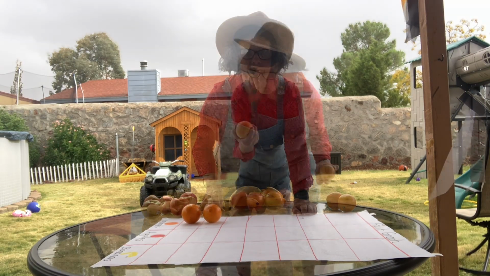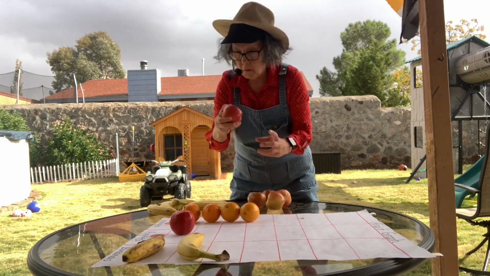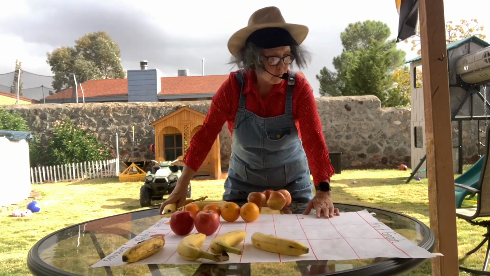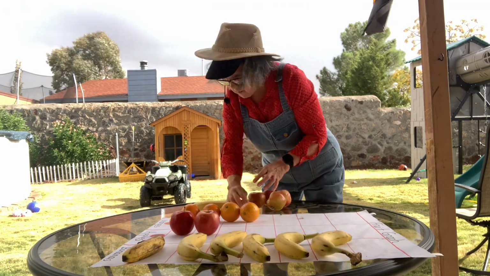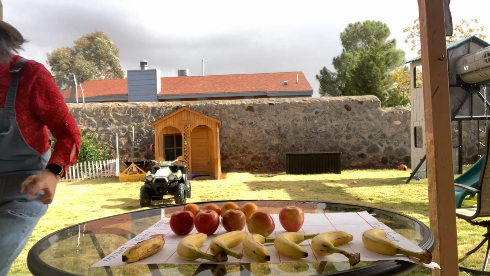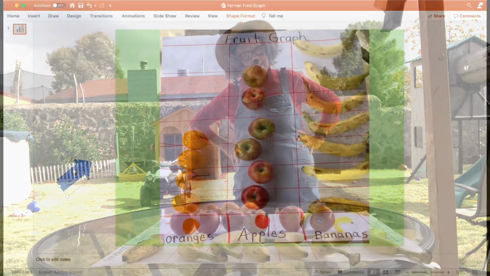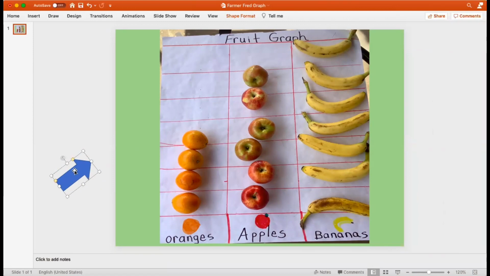Now I can keep graphing. Woo-wee! That was a lot of work, but I did it. I organized all the data, the information on a graph.